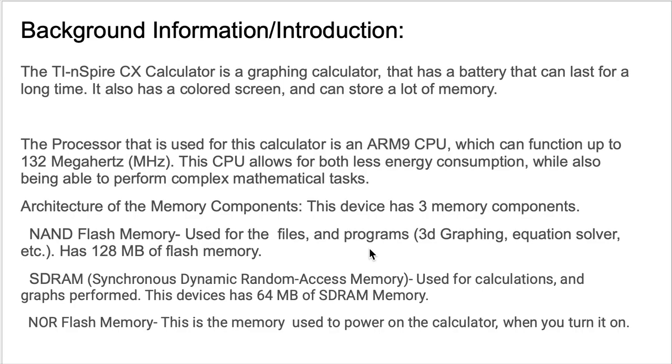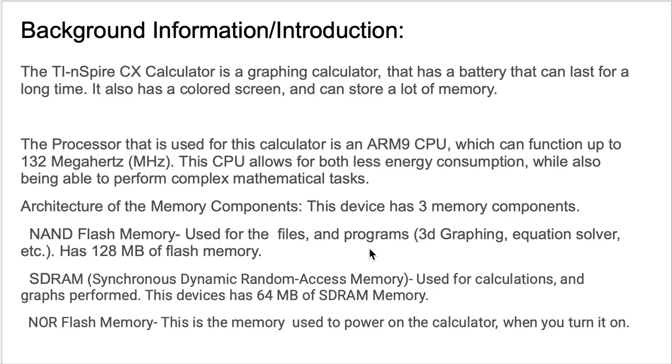Now we'll discuss the second memory that's used in this device, and that is the SD-RAM. SD-RAM stands for Synchronous Dynamic Random Access Memory. Now this memory is used for things that are a little less complex, like calculations.